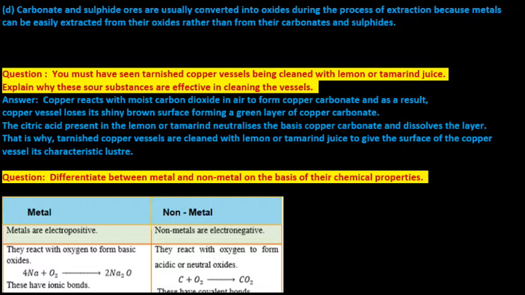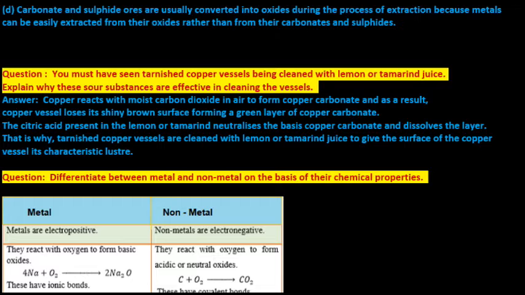Next question. You must have seen tarnished copper vessels being cleaned with lemon or tamarind juice. Explain why these sour substances are effective in cleaning the vessel. Copper reacts with moist carbon dioxide in air to form copper carbonate, and as a result, copper loses its shiny brown surface, forming a green layer of copper carbonate.